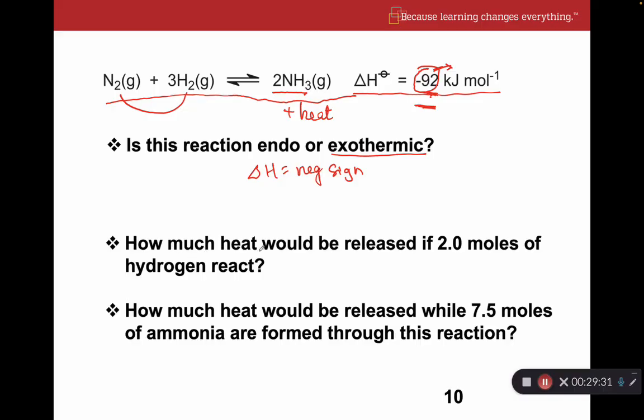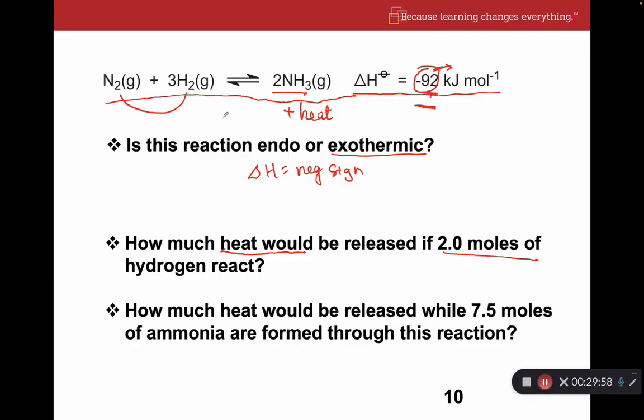How much heat would be released if 2 moles of hydrogen react? Just like we had been working with converting from moles to moles in the earlier chapter, here we are going to relate the moles with the energy value.